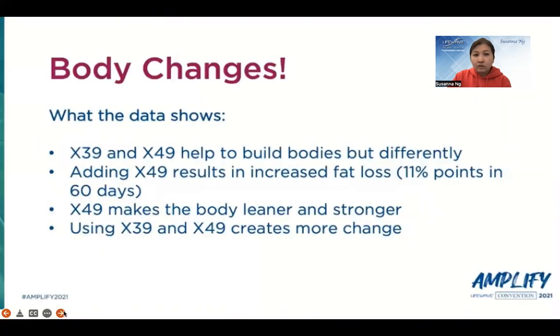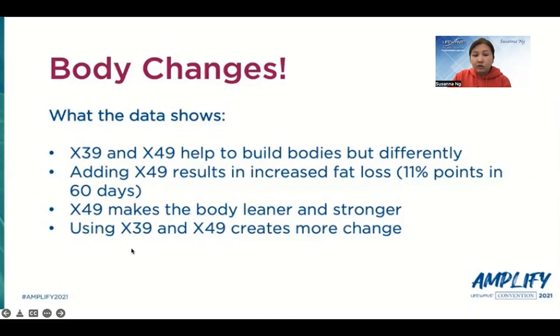So what does the data show? The data show that X39 and X49 help to build the body, but in different ways. Adding X49 results in increased fat loss of 11 percentage points in 60 days. And X49 makes the body leaner and stronger.